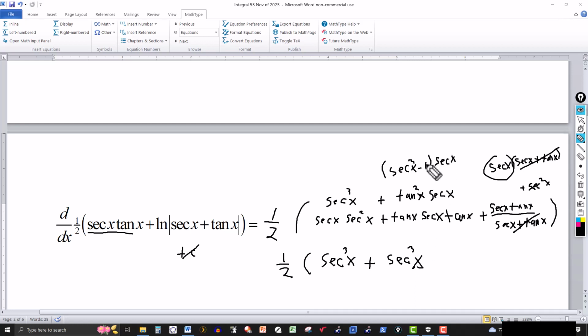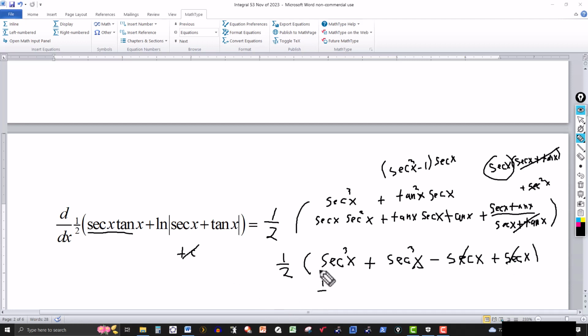And then secant of x times minus 1 is minus secant of x. And then I have this secant of x from the third expression here. So this is plus secant of x. So combining terms, minus secant of x plus secant of x, those cancel out. So I got 1/2.